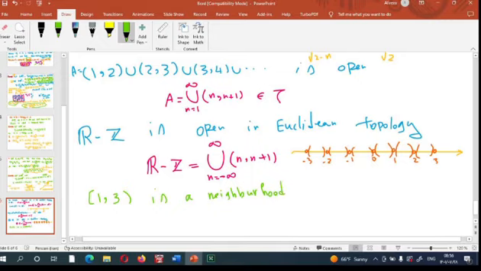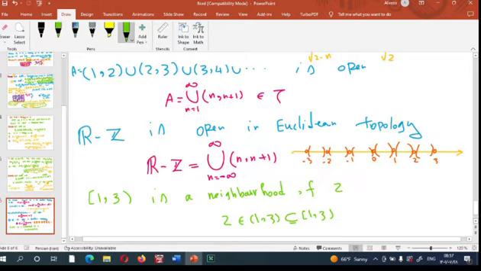Okay? Of 2, for example. Because 2 belongs to {1, 3}, and this is a subset of {1, 3}, that one is closed.